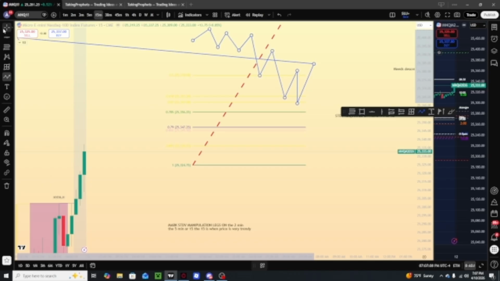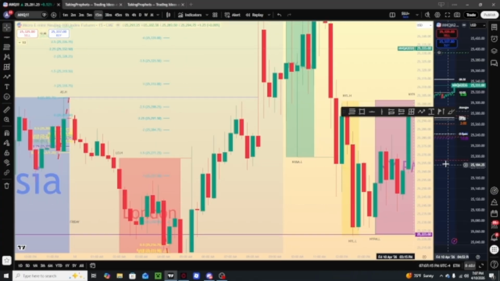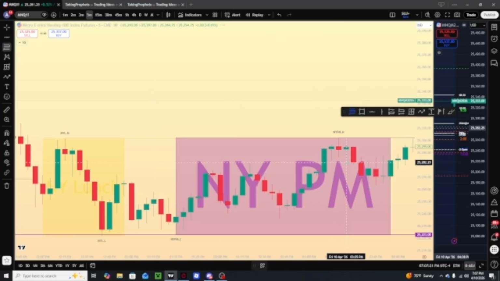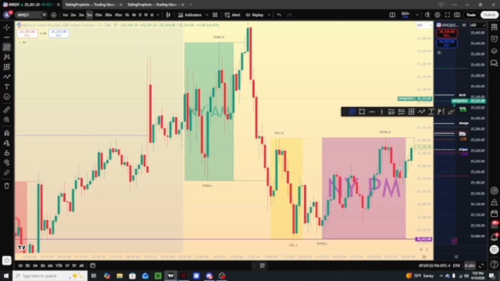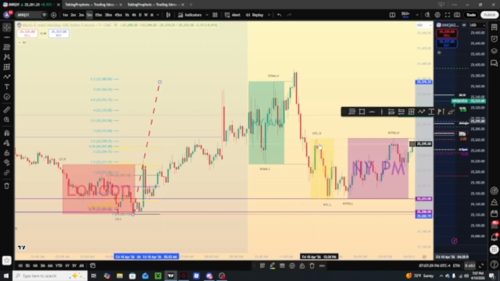That's how you know you would be able to draw a perfect OTE. Your OTE works. So in this kind of scenario, you would be drawing it from the 5 minute because it's a lot cleaner, and you will be drawing it from London High to New York.